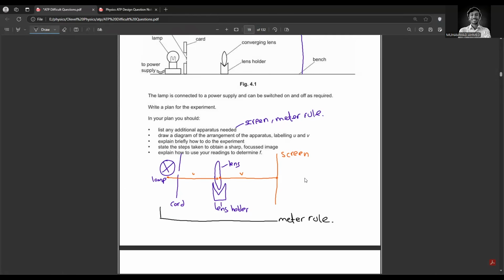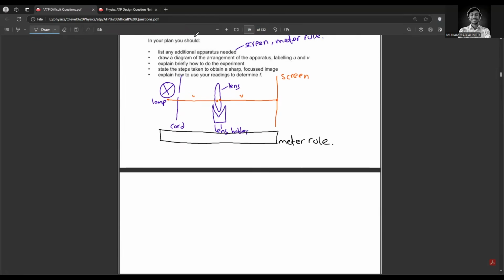Let's write down the answer as well. List of additional apparatus needed. So what will you write? We will be requiring a screen to form an image.